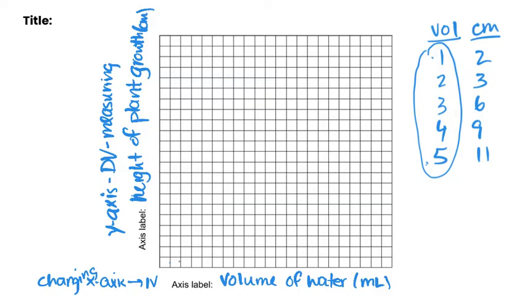So if we count over, we got 1, 2, 3, 4, 5, 6, 7, 8, 9, 10, 11, 12, 13, 14, 15, 16, 17, 18, 19, 20, 21, 22 spaces in our graph. And we want 5. So if we go up by 3s, that's 15. So if we go up by 4s, that's 20.